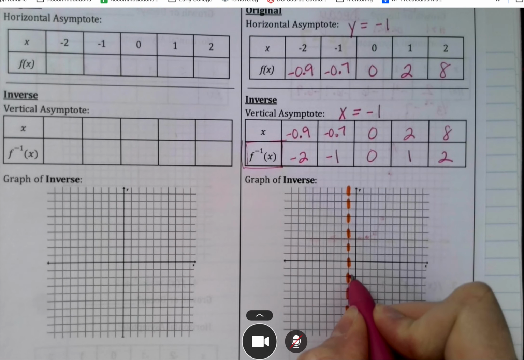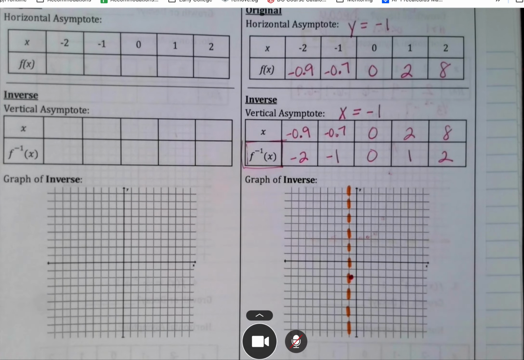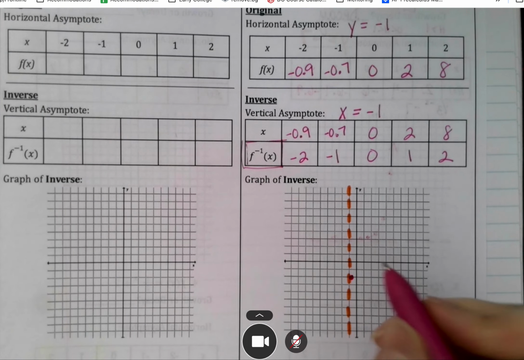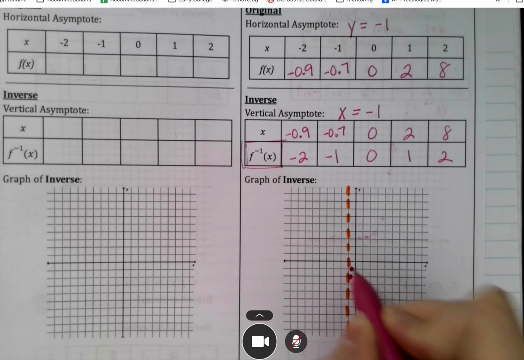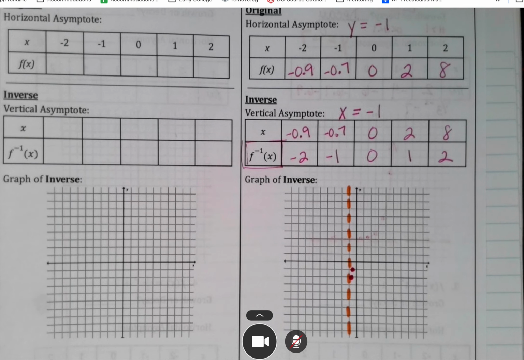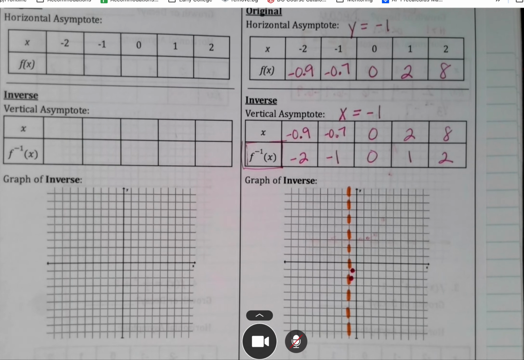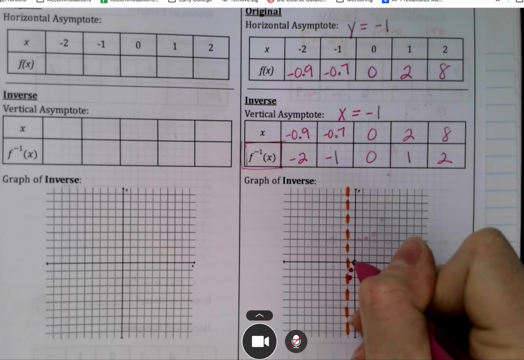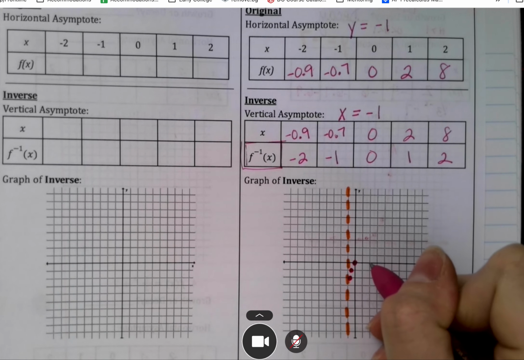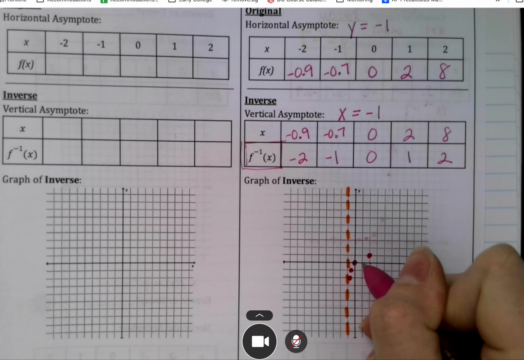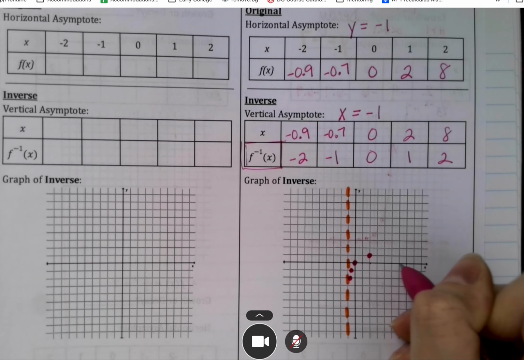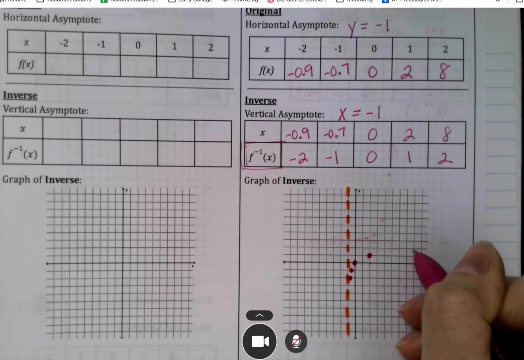And then an output of -2, so maybe somewhere there. -0.7, -1, I'm going to put that pretty close to -0.5 just because the space is small. 0, 0. An x value of 2 and a y value of 1. And then an x value of 8 and a y value of 2.